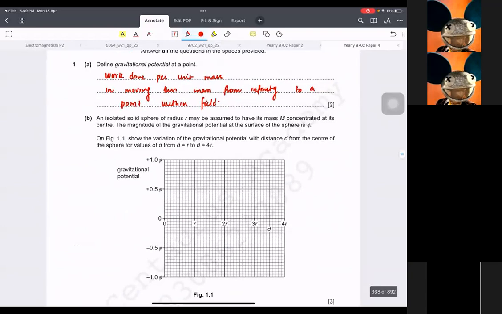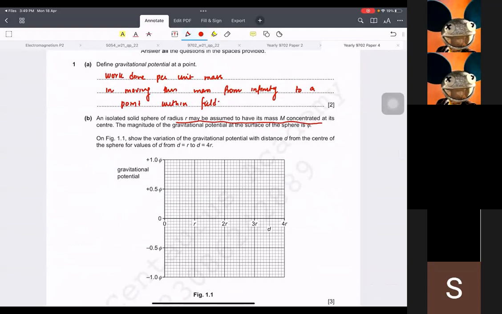An isolated solid sphere of radius r may be assumed to have its mass M concentrated at the center. The magnitude of gravitational potential at the surface is phi. Show that the gravitational potential at the center... So it should be phi here at r, definitely. At 2r, it should be half.